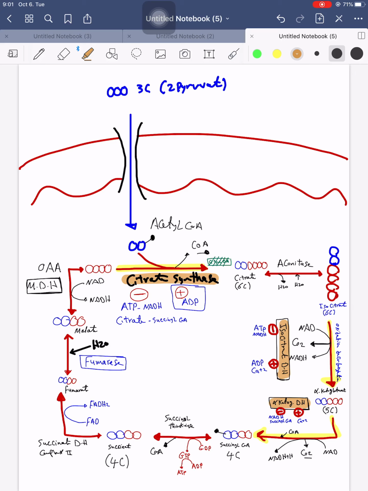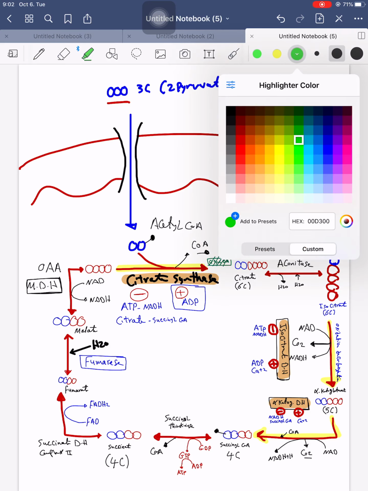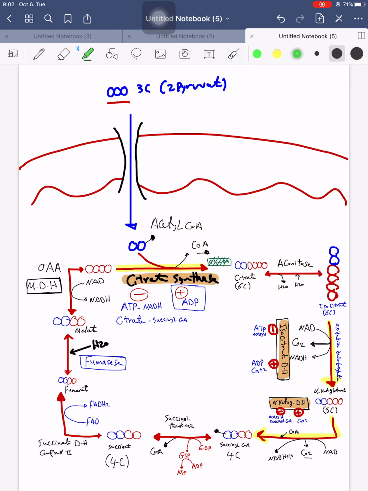Here are the steps of the citric acid cycle. Then we should ask ourselves what kind of energy is produced from there. Look guys, let's count. We are talking here about one pyruvate and one acetyl coenzyme A. So let's count the energy produced from one acetyl coenzyme A. I will highlight this because you need to know from which step we are producing.